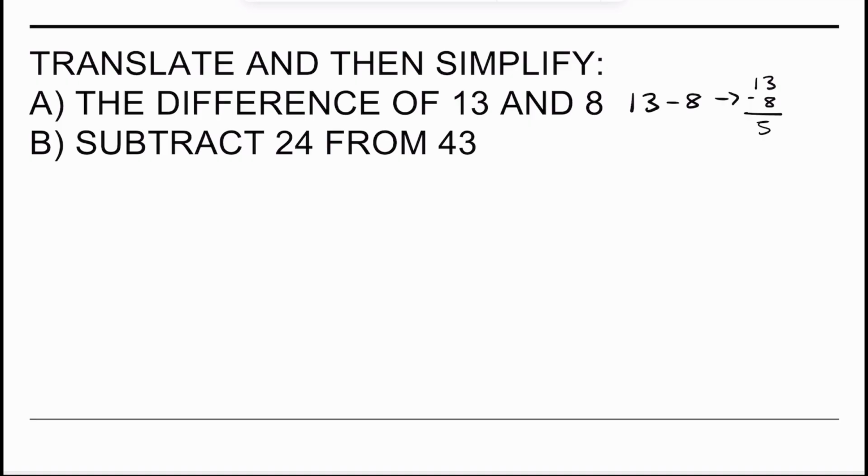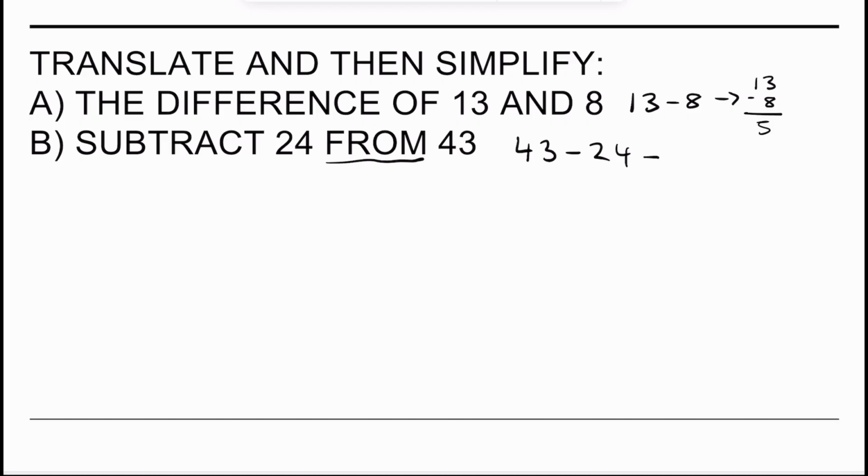So then subtract 24 from 43. Well, we're saying from, so this is really key here. So that means 43 will be the number you're subtracting from. And so 43 will come first. And so 43 minus 24. This is one of those ones where you can practice doing your vertical columns.